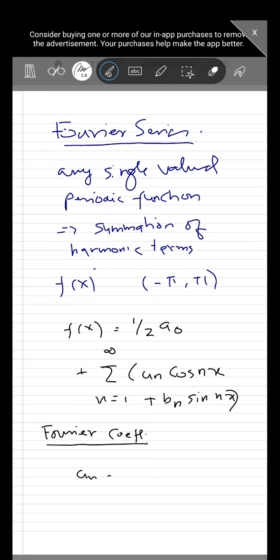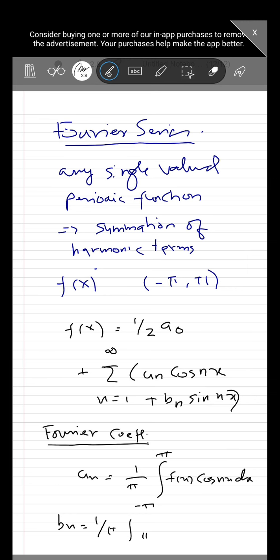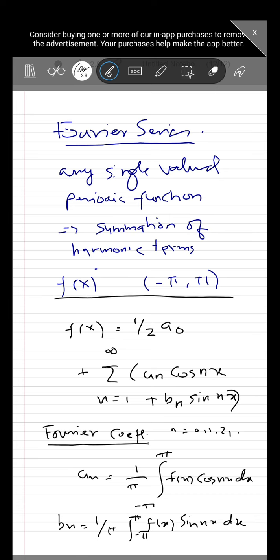We can write an as equal to 1 by pi integral from minus pi to plus pi of f(x) cos nx dx, and similarly you can represent bn as equal to 1 by pi integral from minus pi to plus pi of f(x) sin nx dx, where n is a quantity which runs from 0, 1, 2, 3, like that. Now this is where the f(x) is being defined in between minus pi and pi.